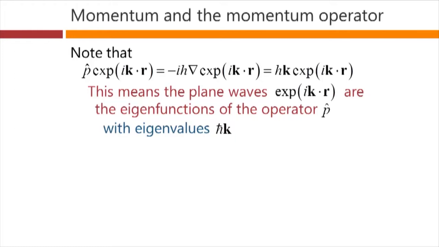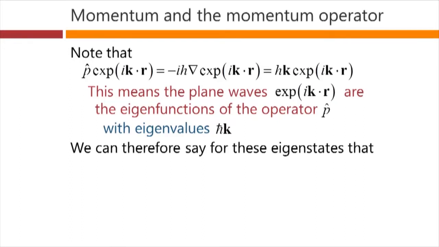Well, the reason is that we operated with this operator P on this function and found that we got this value, in this case a vector value, times the same function. That means, by definition, that these functions are the eigenfunctions. And these h bar k's here are the eigenvalues. Now, as I said, these are vectors in this case, but it's still the same basic idea.